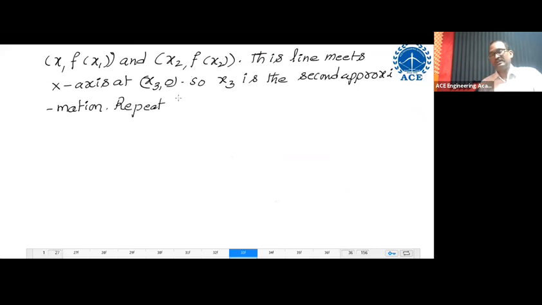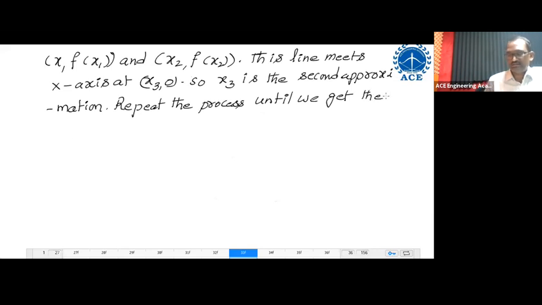Repeat this process until we get an accurate value. The next line should be drawn passing through x2, x3, then x3, x4, then x4, x5, and so on until we get the required approximation, until we get the required root.